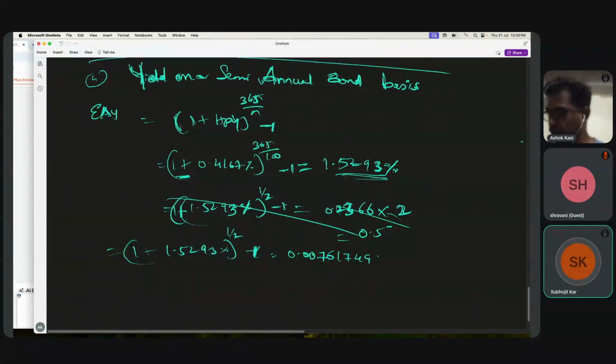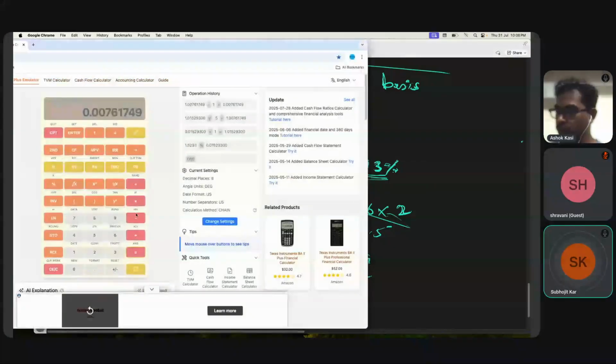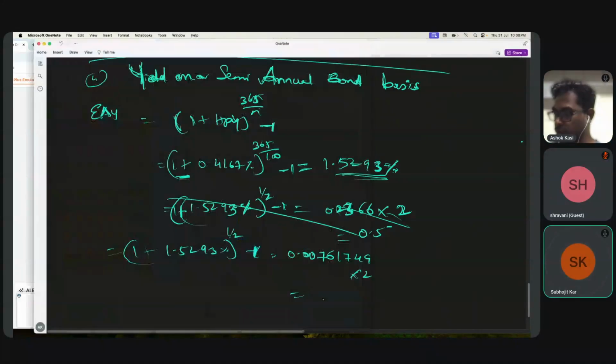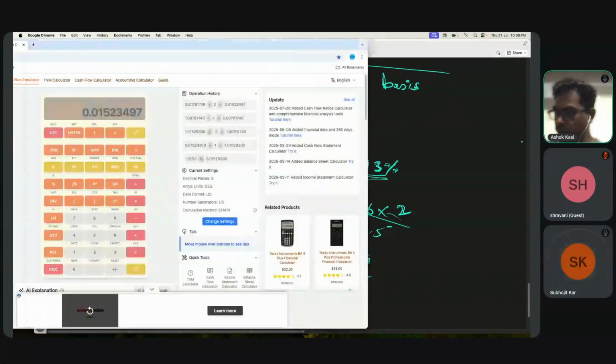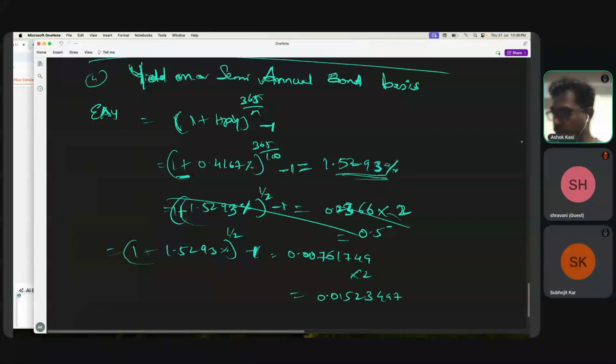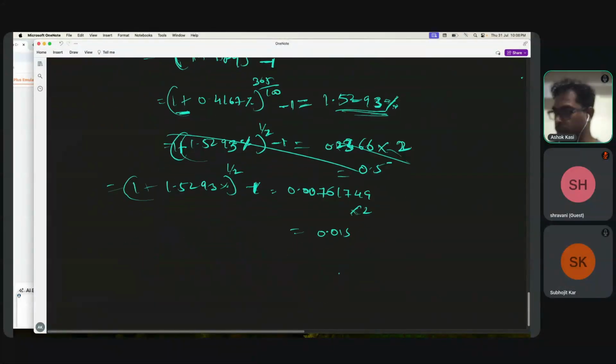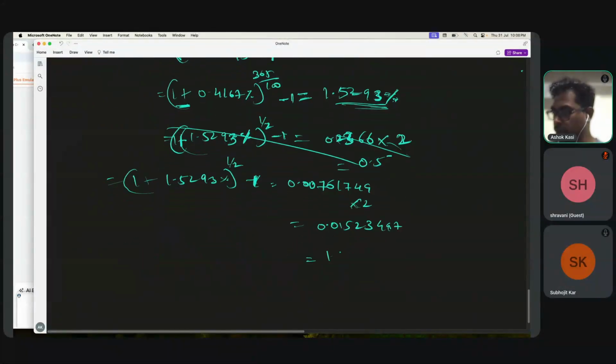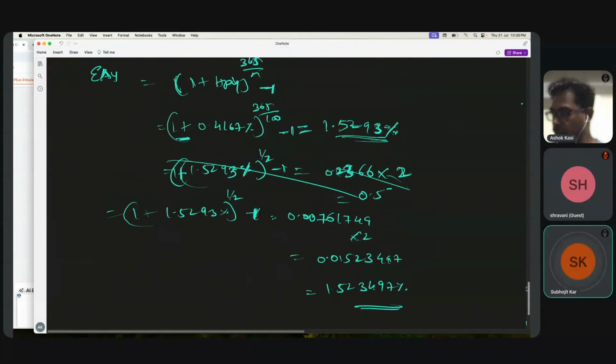Okay, now this I'll multiply by 2. That gives 0.01523497. Now I'll multiply by 100 to convert it into percentage, and it gives 1.523497 percent, about 1.5234.